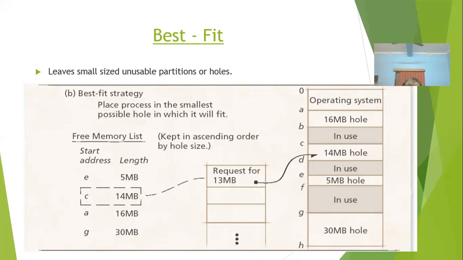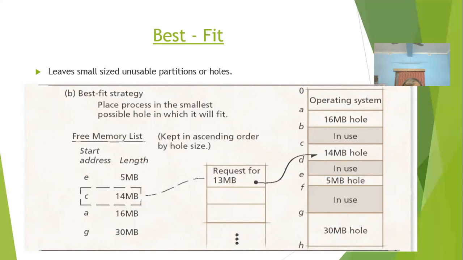Now see, a particular request comes for a memory space of 13 MB. That means there are three possibilities here. Either you can use the location which starts from letter C or letter A or letter G: 14 MB space, 16 MB space, or 30 MB space.